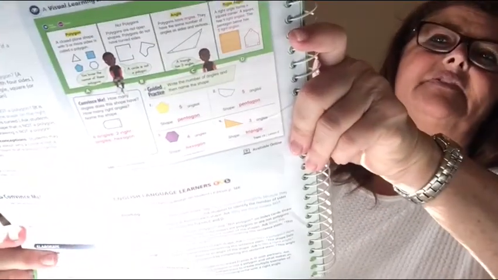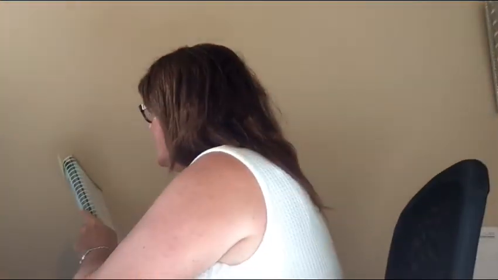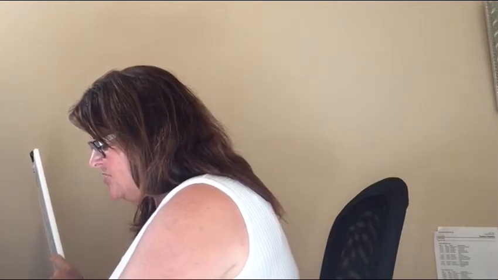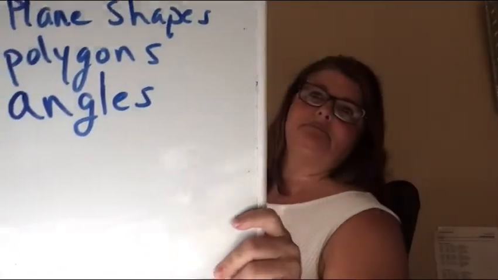Okay, page 566. The top of the page. Everyone have the top of page 566? It says a polygon. A closed plane shape with 3 or more sides is called a polygon.